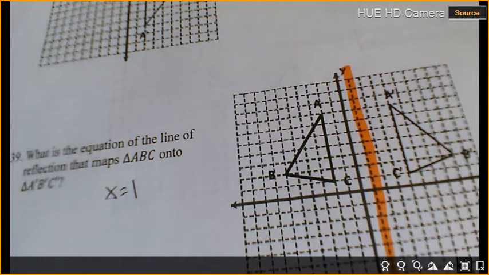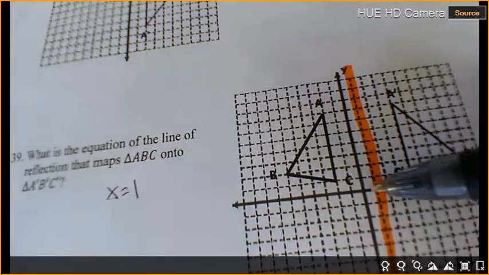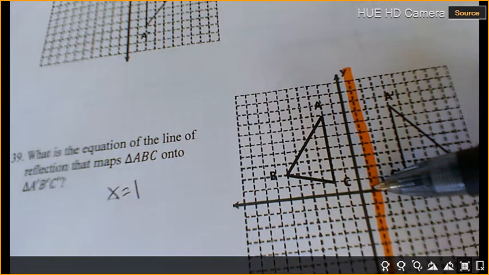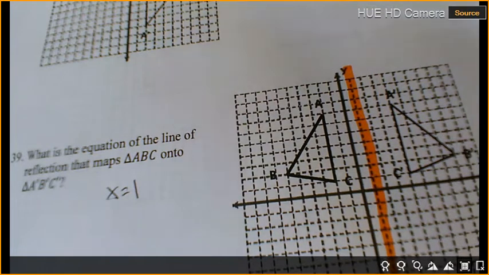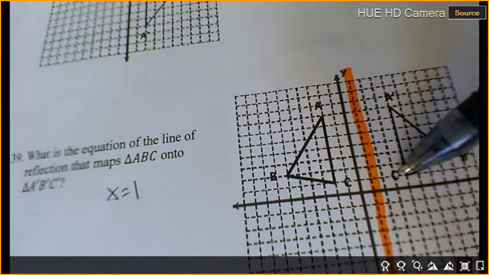Any questions about these before we move to the next ones? 37, 38, 39, questions? No? You just playing 39, like how the X and Y. Okay. It crosses the x-axis. And I did this. I counted the distance between C and C. There's 6 apart.